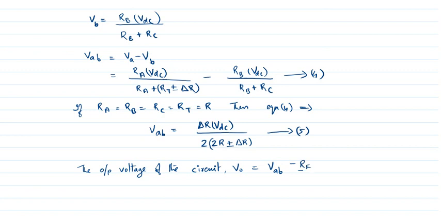So here, VAB into the gain of the differential amplifier circuit, which will be minus RF by R1. So V0 equals VAB into minus RF by R1.